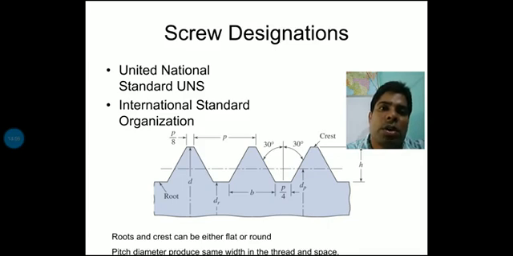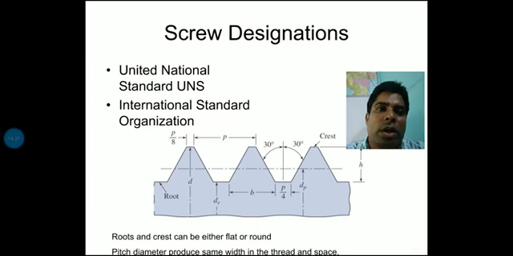In the acme thread, the total angle between the crest and the root varies from 29 to 30 degrees. But here we can see the 30 degree angle, and that 30 degree angle is based on the minor dia.